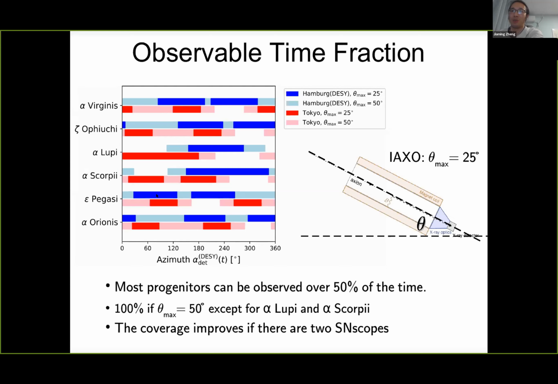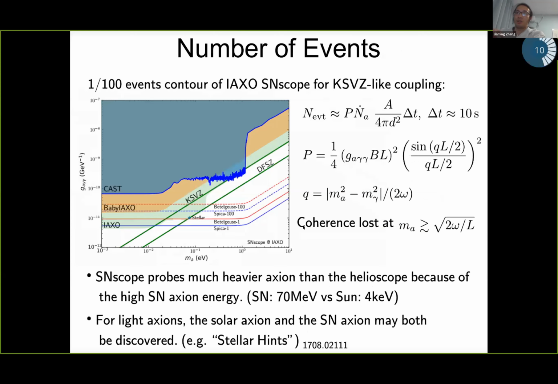And if we get even greedier and assume that there is another helioscope on the other side of the Earth, such as in Tokyo, then the coverage of the 2 helioscopes will be able to compensate each other. Okay, so I hope that I have shown you that it is possible to point a helioscope at a supernova at the right time.